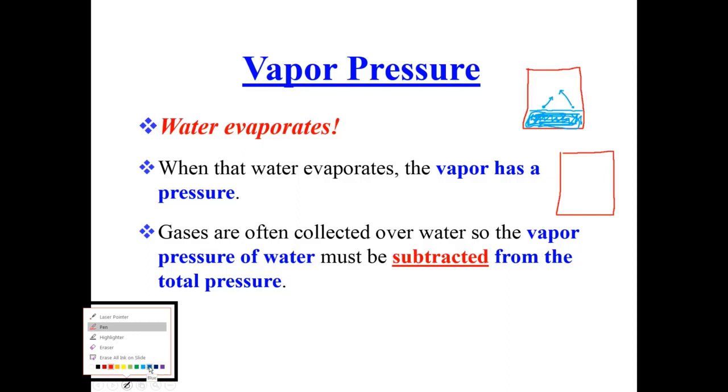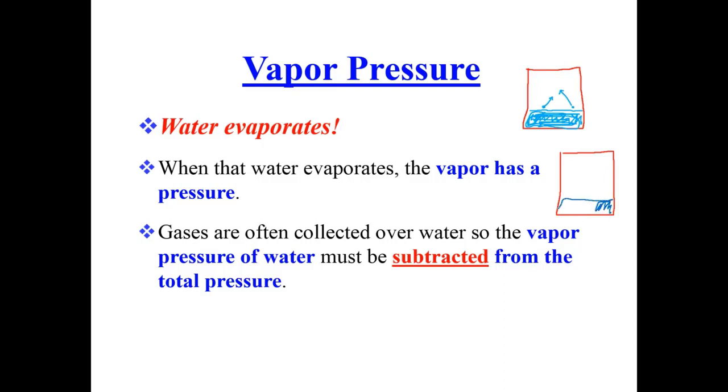So eventually, once it reaches equilibrium and you have a certain amount of gas particles in the air, all flying around, the number of particles that are leaving is roughly equal to the number of particles that are going back into the liquid phase.